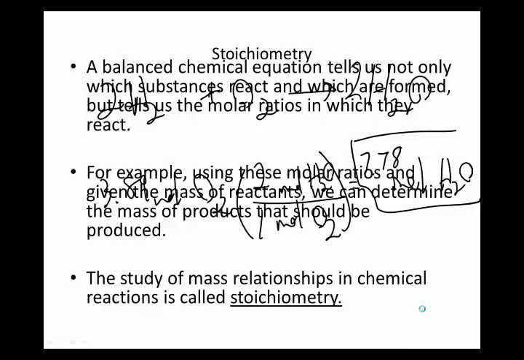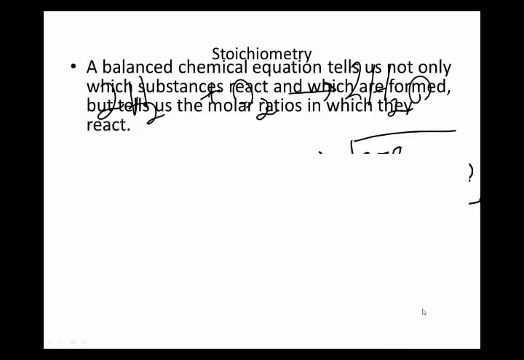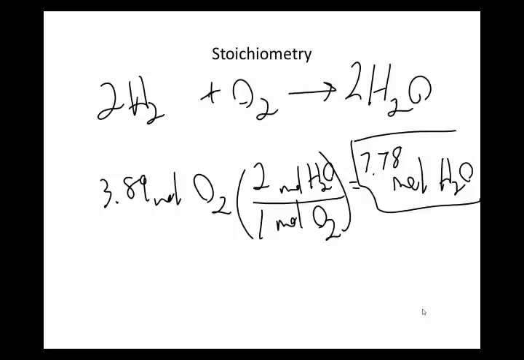So the study of these relationships is called stoichiometry. One thing I want to point out, I'm going to start adding more steps in the next slide. But whenever you have a stoichiometry problem, and you can identify one fairly easily because they all generally do the same thing: you have an equation, or the ability to write a balanced equation, and you're given some information about one of the substances somewhere in the equation.